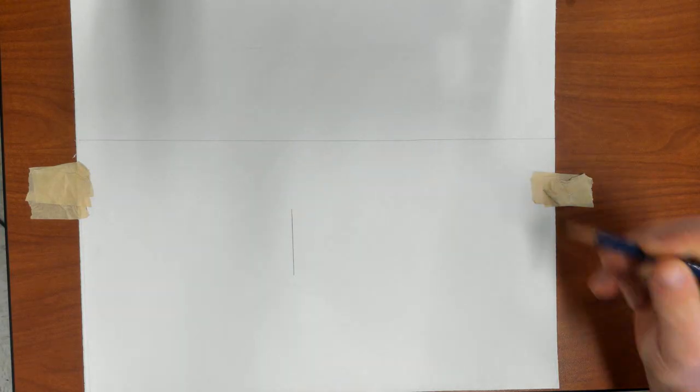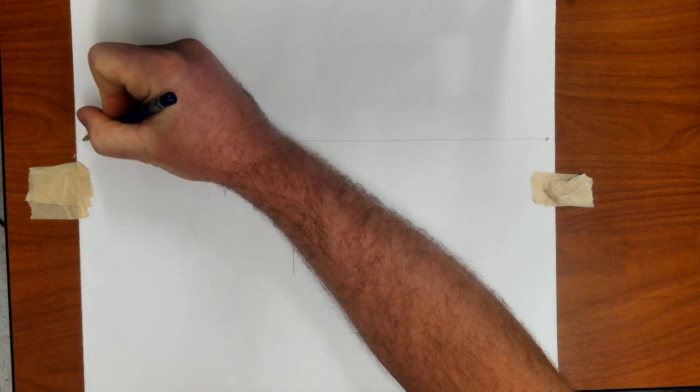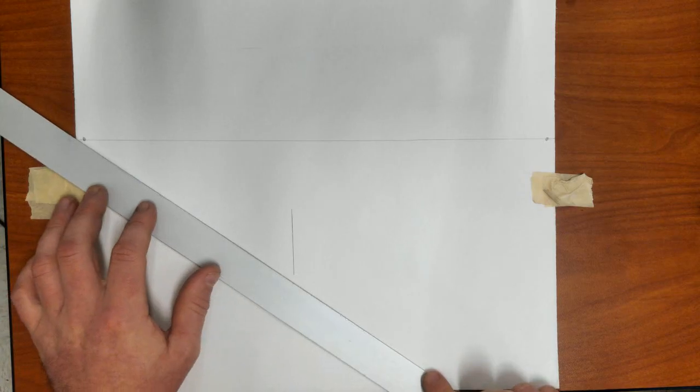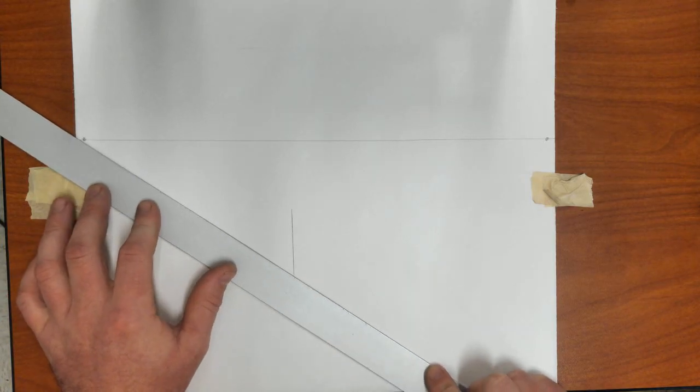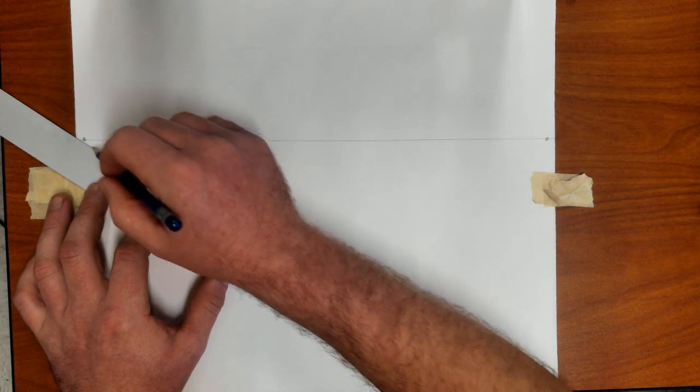And then, I forgot to give myself vanishing points, but I'll give myself a vanishing point here and here. And then I'm going to go back to my vanishing points from the top and the bottom of this line.